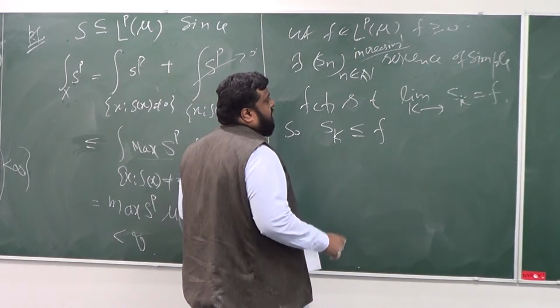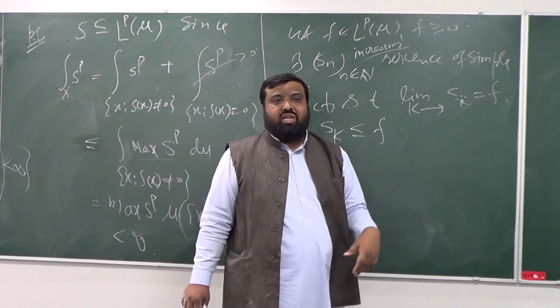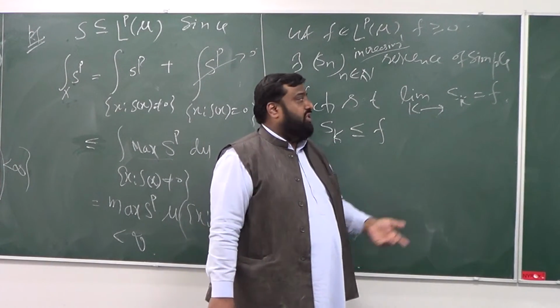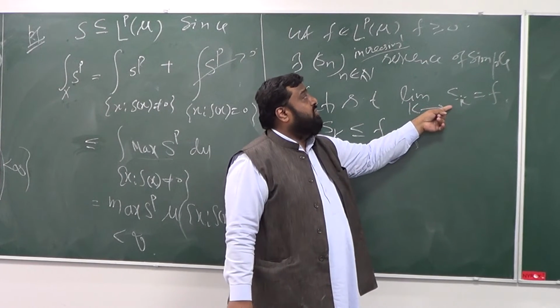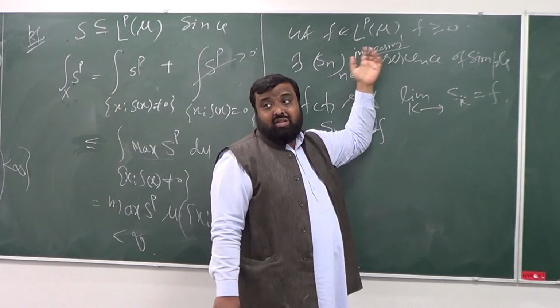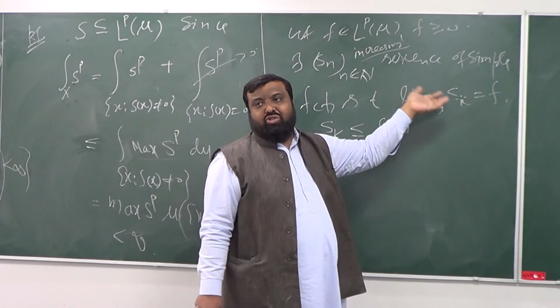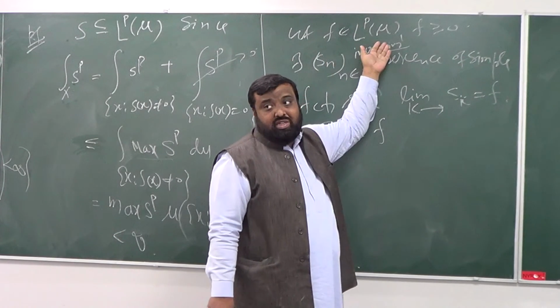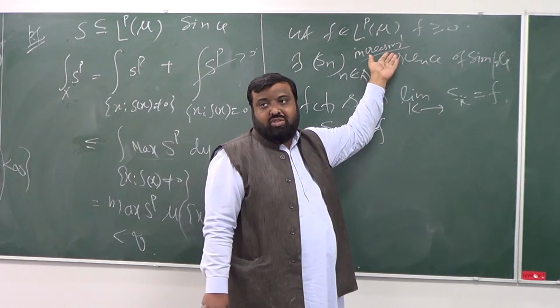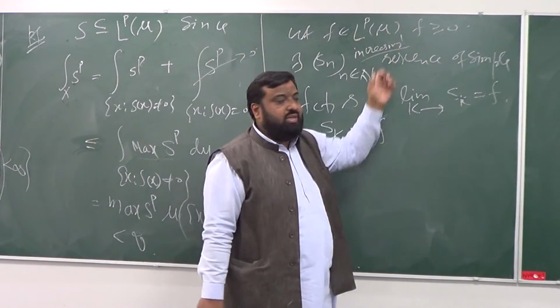Is it necessary that this sequence must also be in L^p(mu)? They are simple, but we need those simple functions which are also in L^p(mu). We don't want to just take simple functions from outside which can approximate.